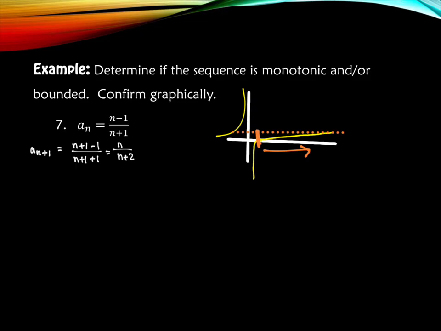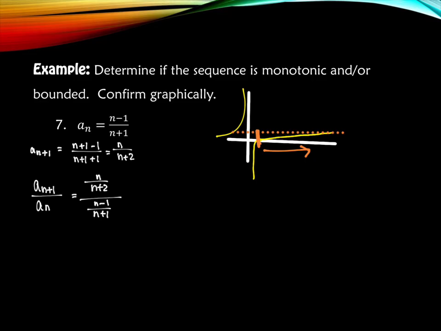So we're going to justify that it is by comparing a sub n plus 1 to a sub n. And we're going to compare them in terms of a fraction. Fractions are ratios. Ratios do a good job of comparison for us. Well, our numerator is the one we just found, n over n plus 2. Our denominator is the thing we started with, which was n minus 1 over n plus 1. Okay, so far so good?